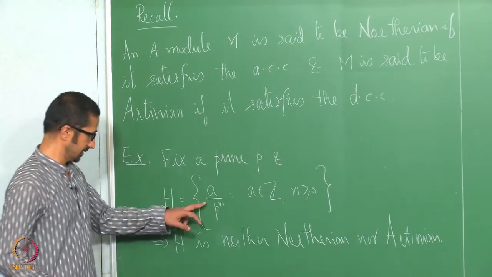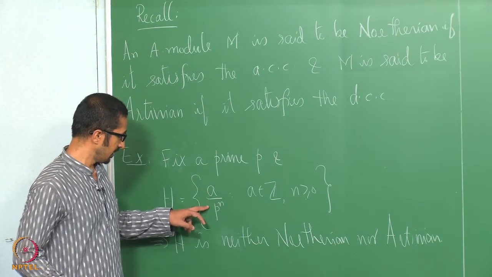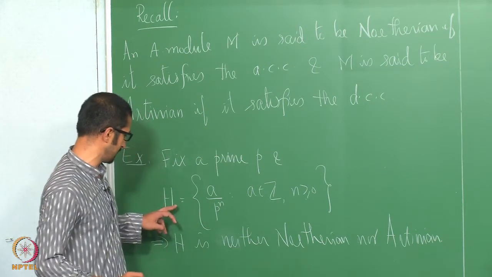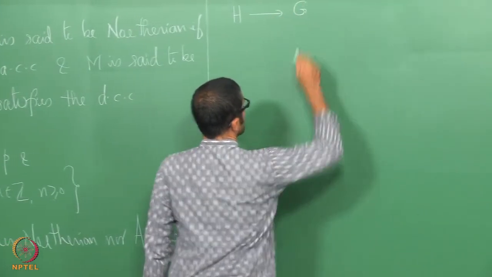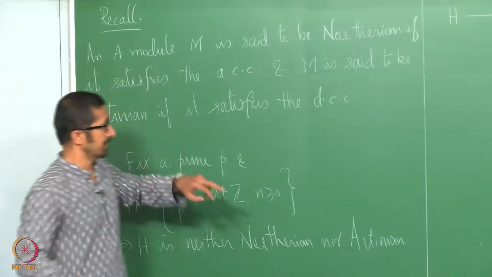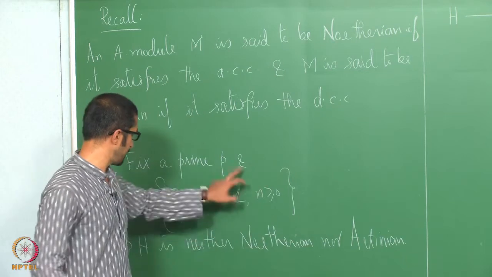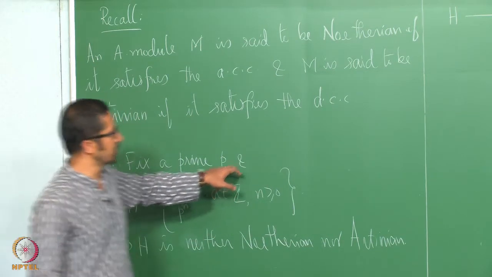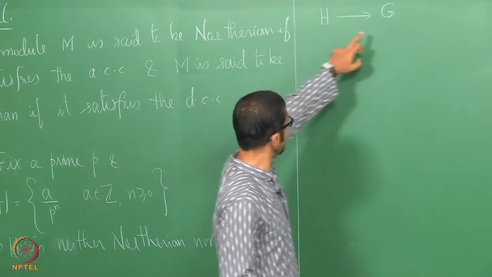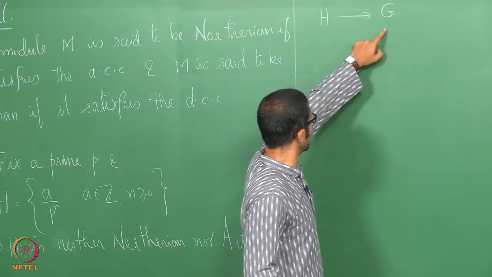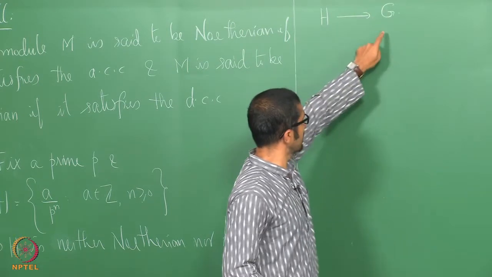Right, because you can think of this as a Z module, and you have the group that we discussed last time, G, all elements of order a power of prime P. So, you have a surjective map from H to G, and any ascending chain will lead to an ascending chain here which does not terminate.